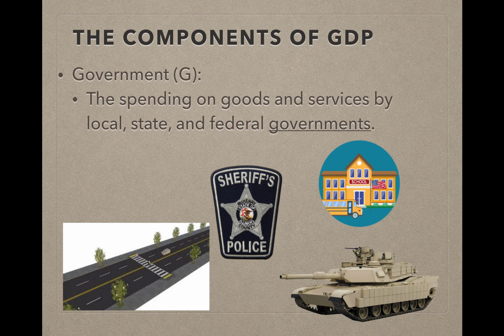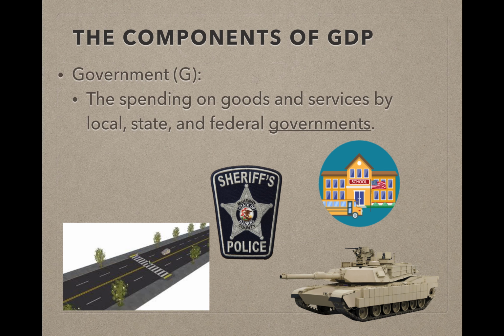The next component of GDP is government spending, and this is spending on goods and services by local, state, and federal governments. So anytime the government purchases something or pays for something, which is done with taxpayer dollars, it is considered government spending. So public schools, public libraries, spending on defense.